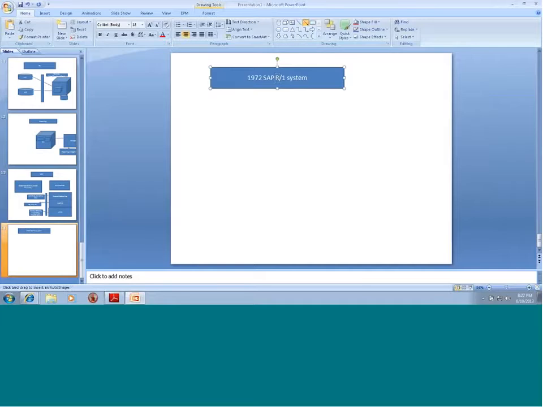and I'll tell what R is. So R stands for, can anybody guess what R stands for? It's real time. Correct, that's correct. So R stands for real time. R1 is a one tier architecture.